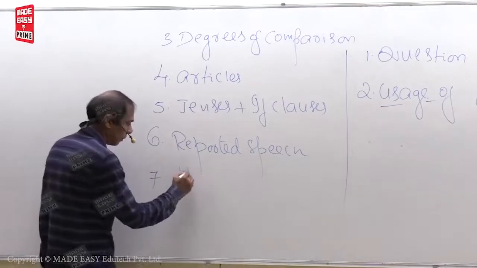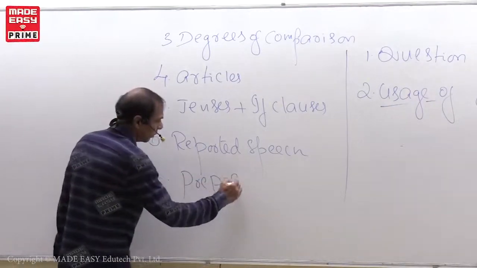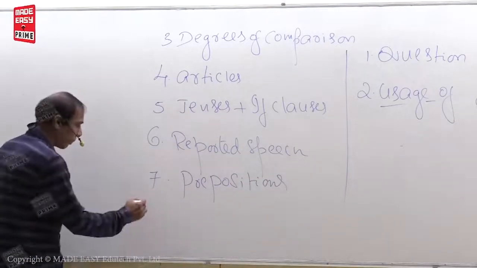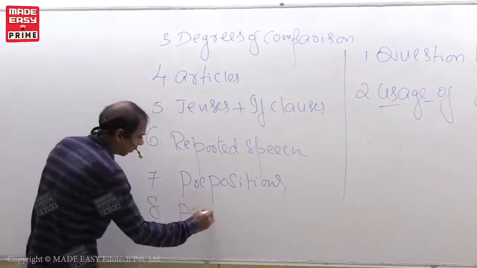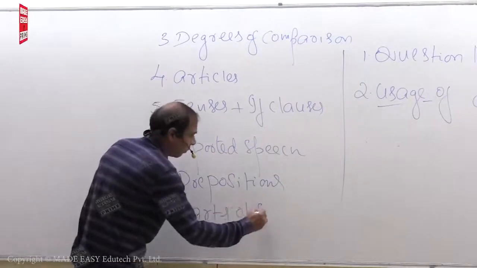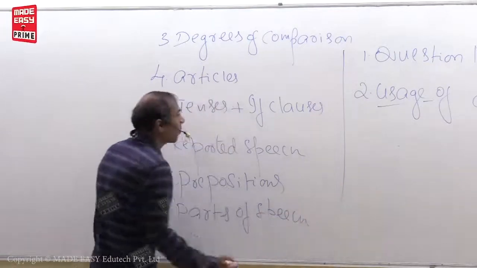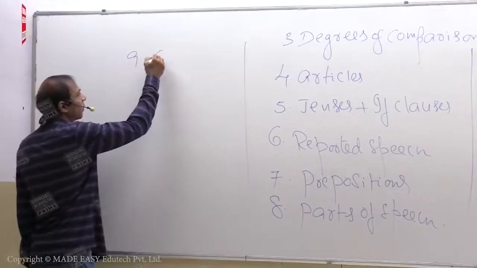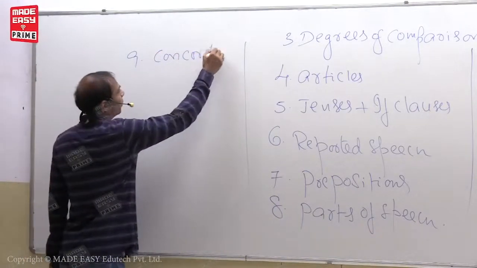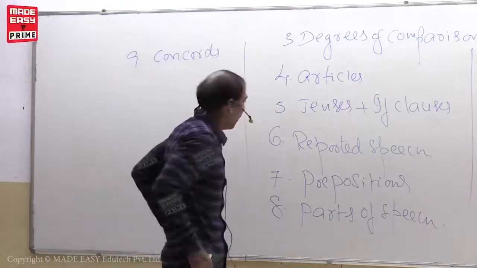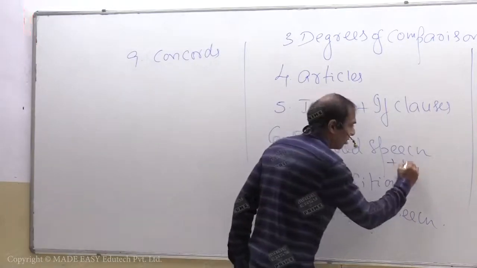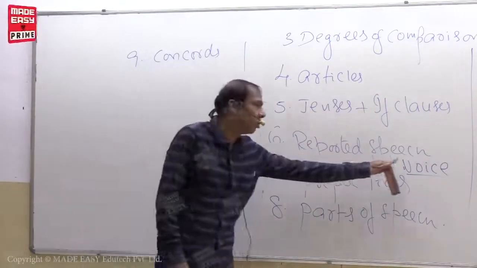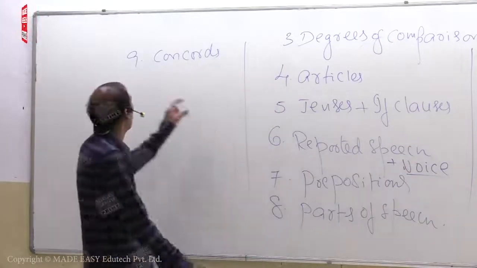Seventh topic, prepositions. Eighth topic, parts of speech. Ninth topic, concords. Here you add reported speech plus voice. Sixth topic, you add like this: reported speech plus voice. It means 10 topics.